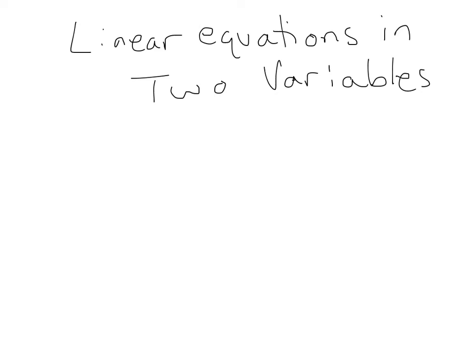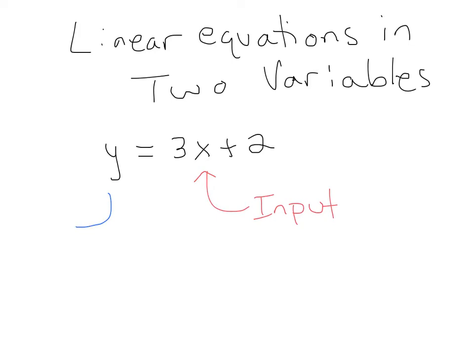Linear equations in two variables is what we're going to be talking about today. Well, what is a linear equation in two variables? Most often you have something like y equals 3x plus 2, where if you put in some number for x, you will know the result or the output for y.